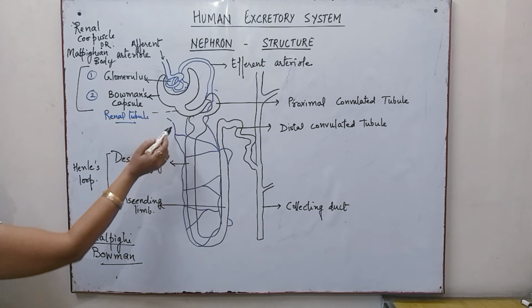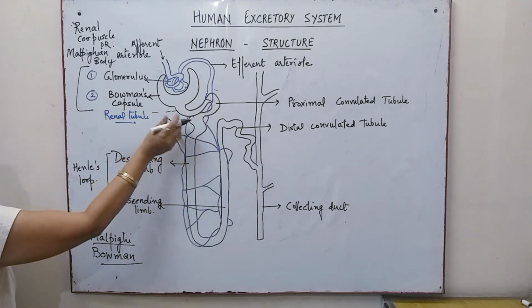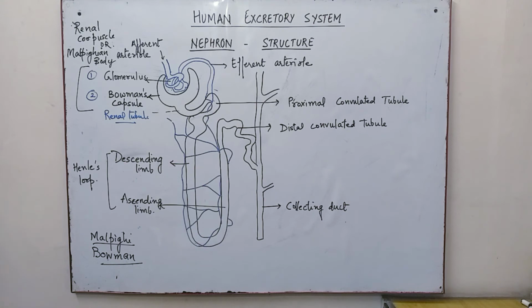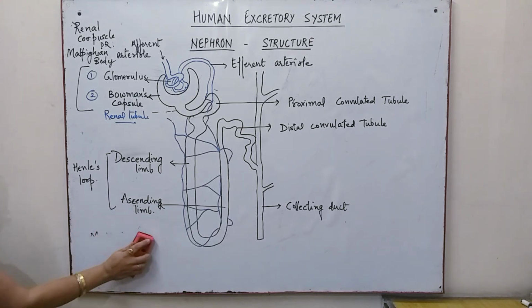So this region, as I told you, is present in the cortex region, whereas this region is present in the medulla region. Now when we talk of the nephrons, there are basically two types of nephrons. In most of the nephrons, Henle's loop does not go deep inside the medulla.